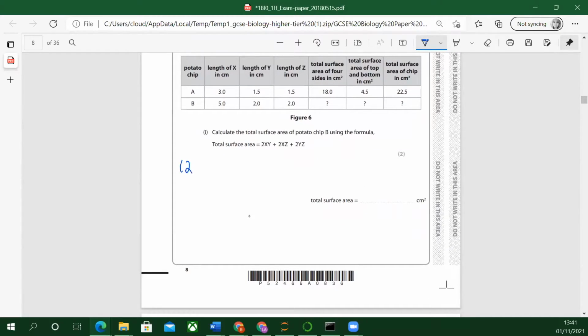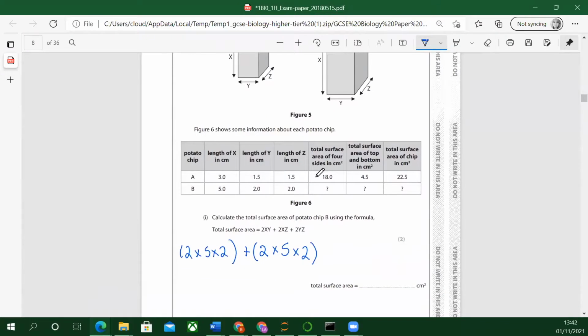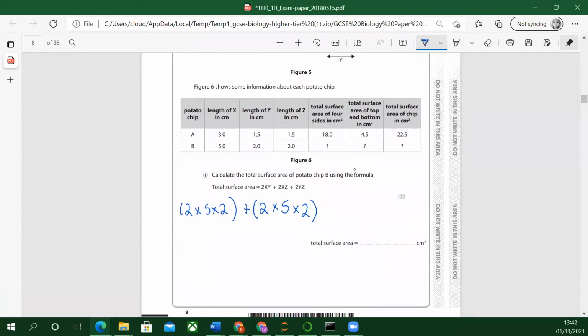So 2 times xy, 5 times 2, plus 2 times 5 times 2. So that's the sides. Plus, and we're doing the top and bottom now.